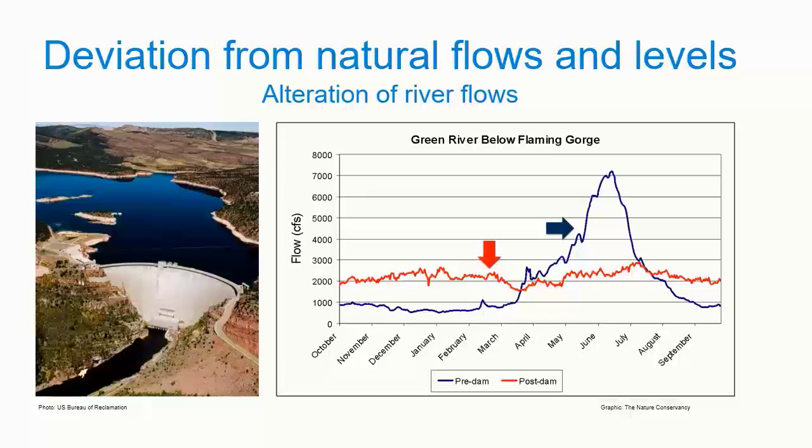The altered flow thus results in unnaturally high flows during the winter months and unnaturally low flows during the summer, both of which impose stress on downstream aquatic ecosystems, and downstream aquatic ecosystems have declined in health as a result, with significant losses of native fish species.